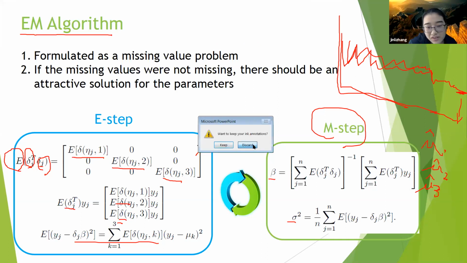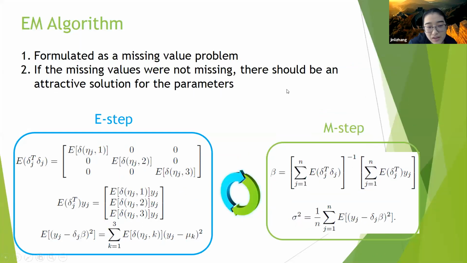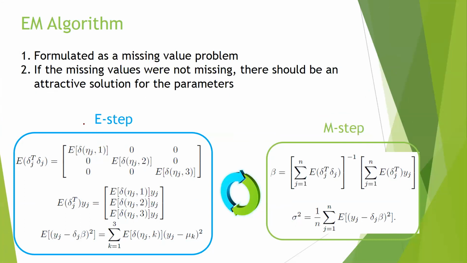I have a question about the E step. In the E step, we want to calculate the expectation. What parameter are we fixing when we're doing the expectation step? I'm going to show you shortly. Only this thing, the delta, is missing, right?